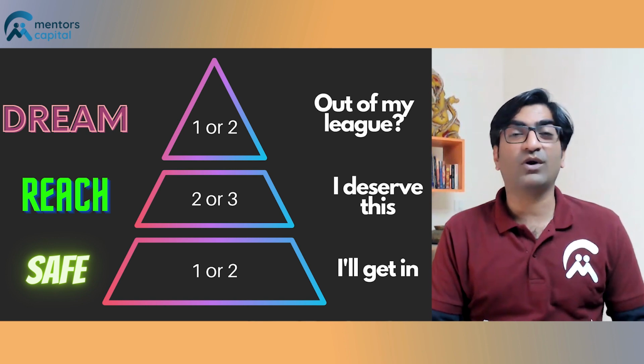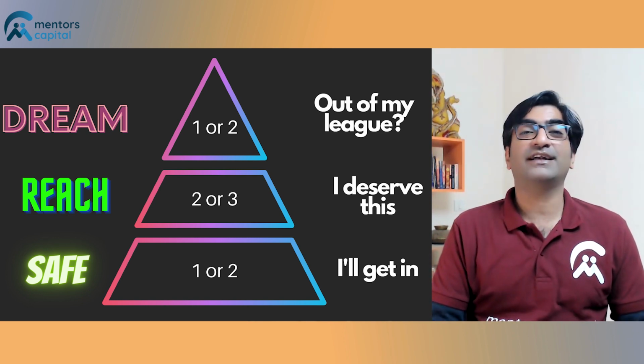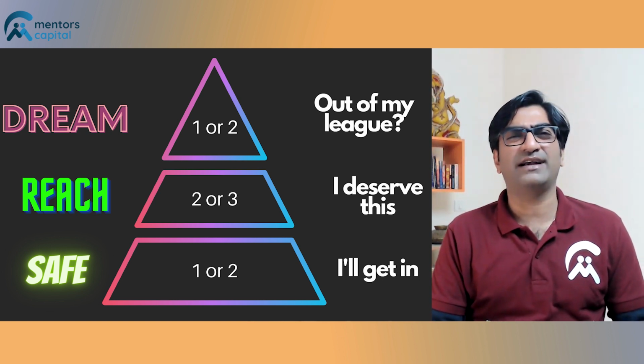Now, the middle bucket, what we call as the bucket of reach, right? Or the tier that seems, more or less, the kind that you should be targeting. Well, keep the most number of universities in this bucket, right? Now I call them reach because these universities and the programs that you're applying to have an incoming student profile that matches your own, right?